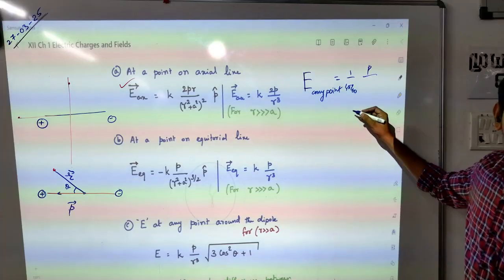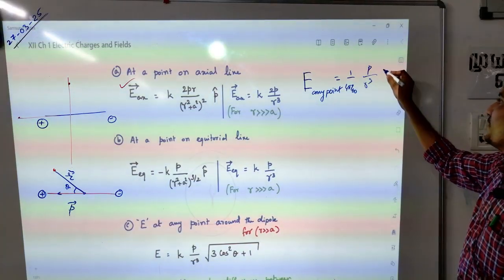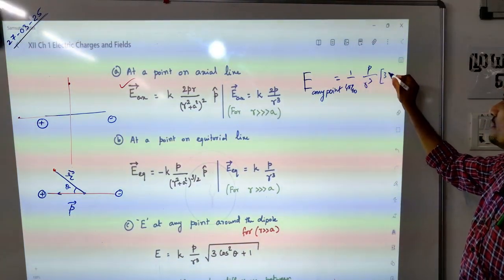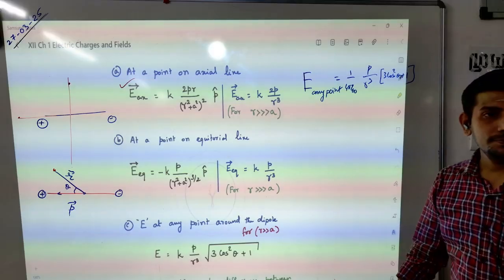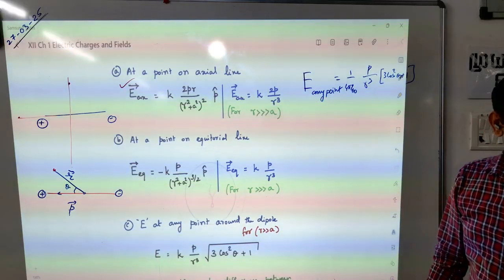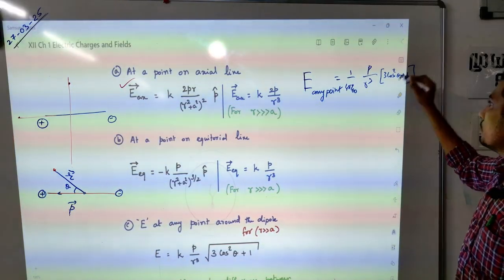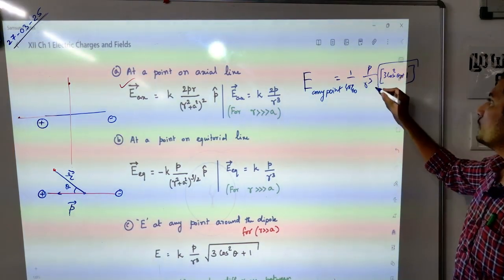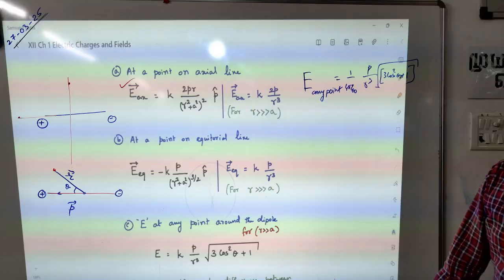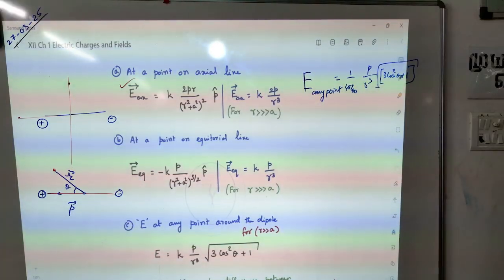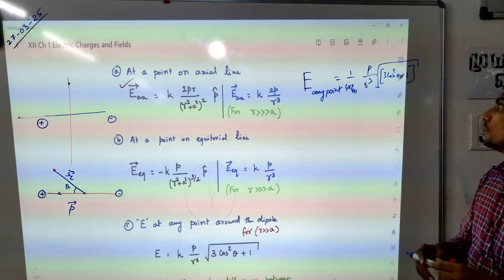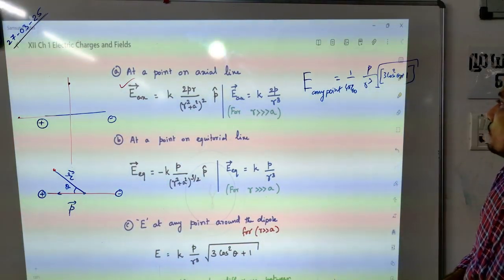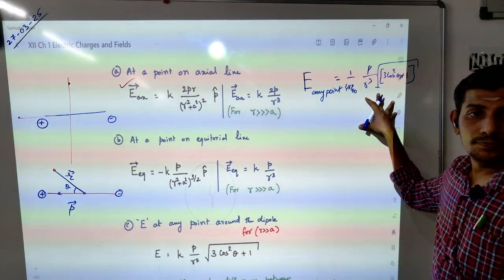P by r cube into root of 3 cos square theta plus 1. Got it? Noted? So this is the general equation.